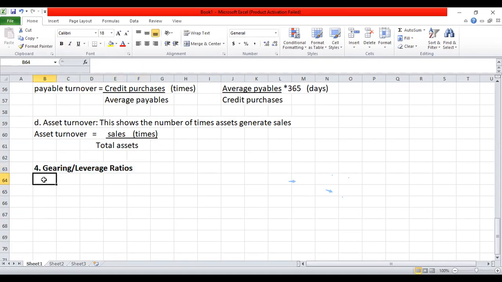The gearing or leverage ratios are used to assess the proportion of debt to equity and the level of debt within the capital structure, and also to assess whether the business is solvent or not solvent. Then you're going to use gearing. So if you find that maybe the shareholders are wondering about the solvency of the business or the level of the debt, then in that case, you need to assess the gearing level of the business.